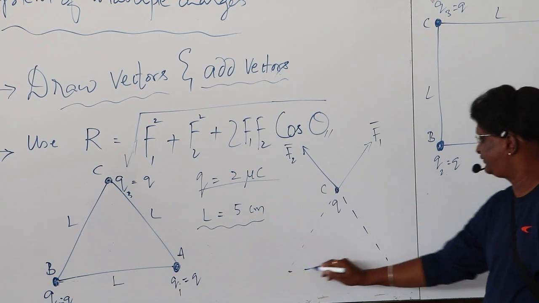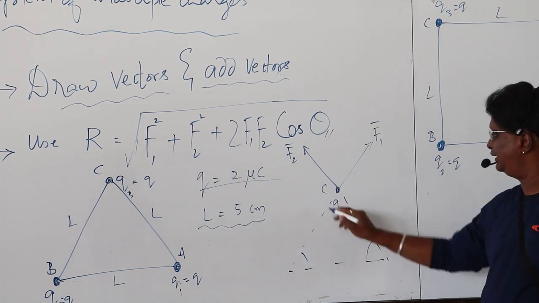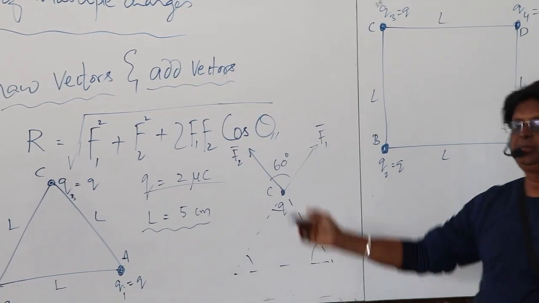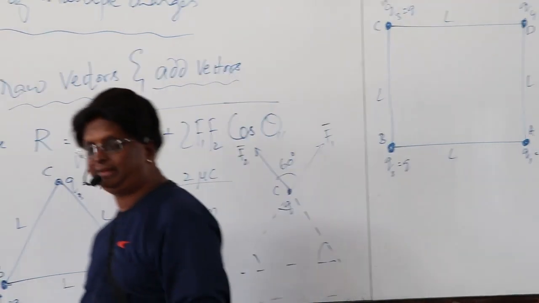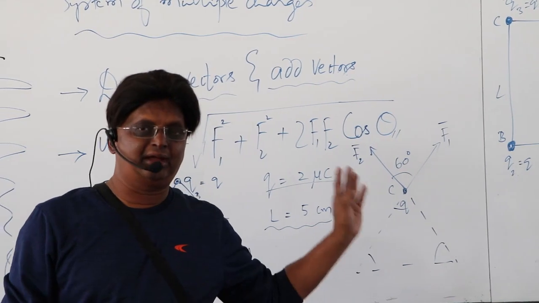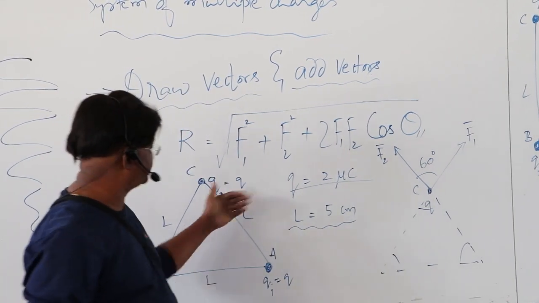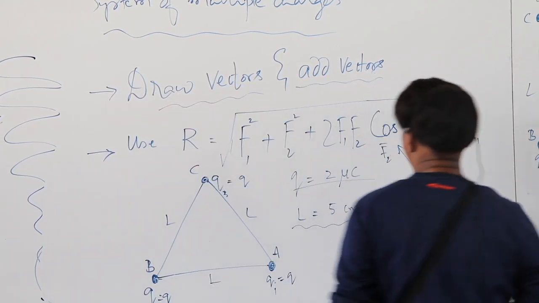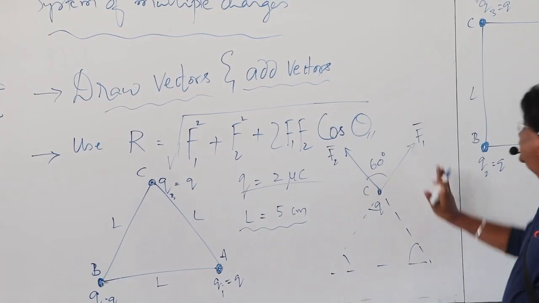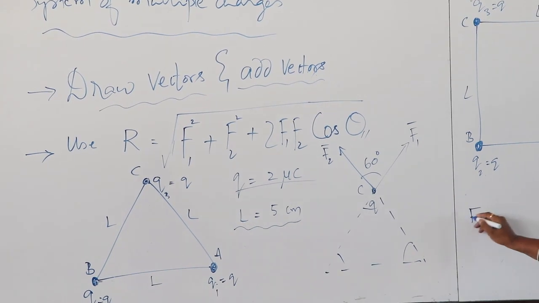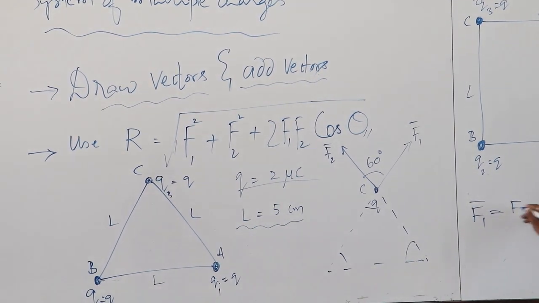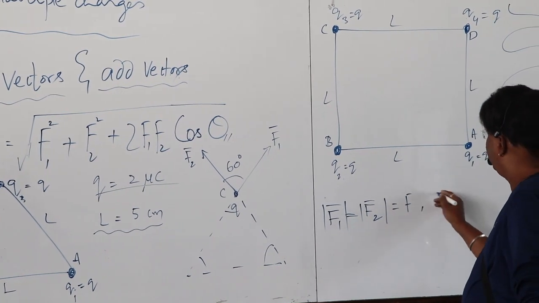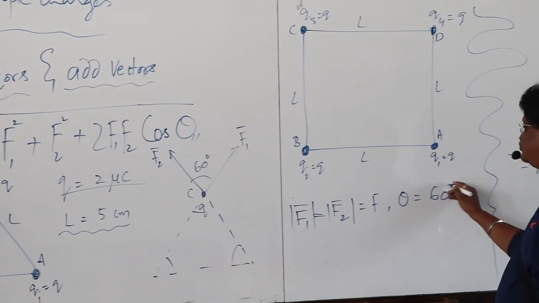Now since this is an equilateral triangle, this angle will be 60 degrees, and the symmetry of the example shows that same charges and the same distance between any two charges give complete symmetry. So you will conclude that F1 bar is equal to F2 bar in magnitude, and the angle between them is 60 degrees.